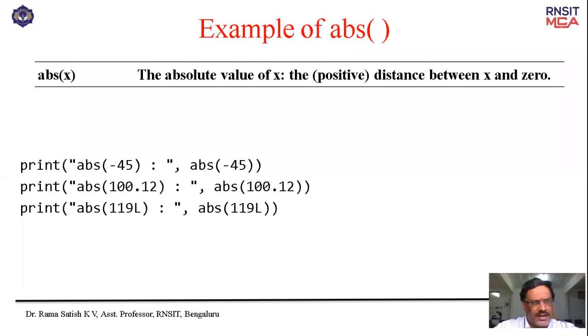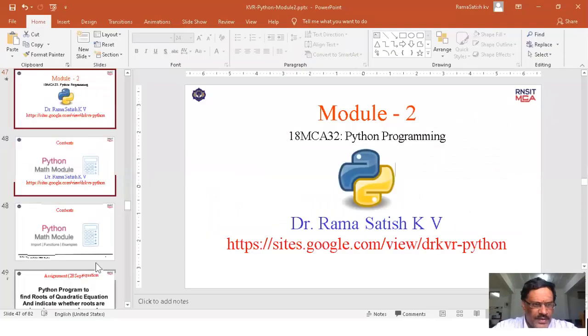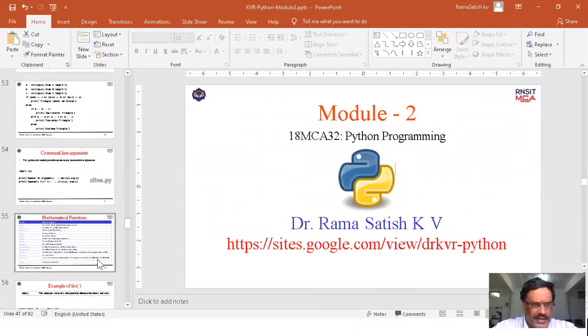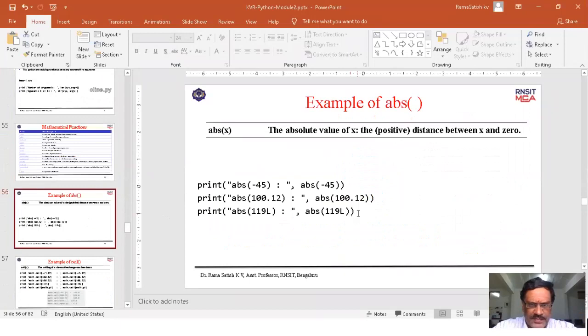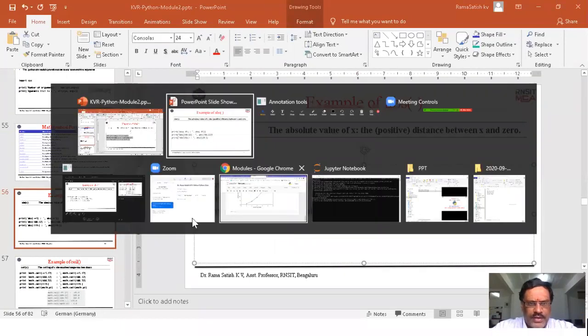So here is a small piece of code. Just copy the same piece of code to the Jupyter notebook, and let me explain how exactly it works. I'm just copying it. Go to Jupyter notebook.